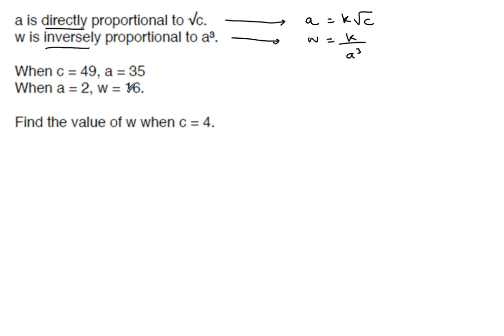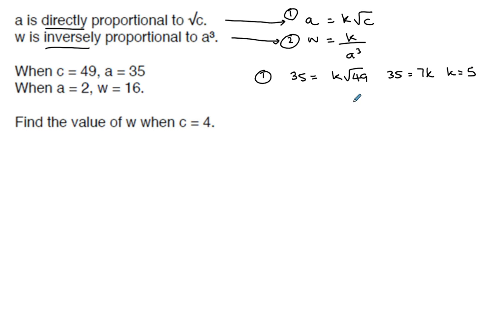When A is 2, W is 16. Okay, so let's put those in. So in that first one, A is 35 equals K times the square root of 49. Okay, so 35 equals 7K, so K equals 5.